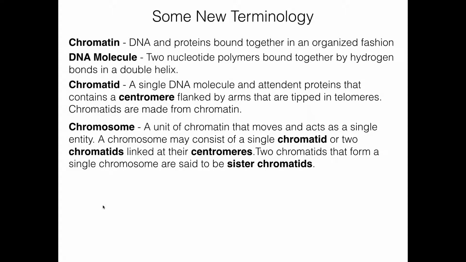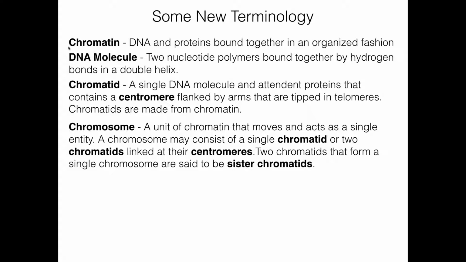And first off, let's get started with some terminology. First term that you need to know is about DNA. DNA is the molecule that replicates. And in eukaryotes, like us and pretty much all other animals and plants and most things that you've ever seen, that DNA is contained in chromatin.